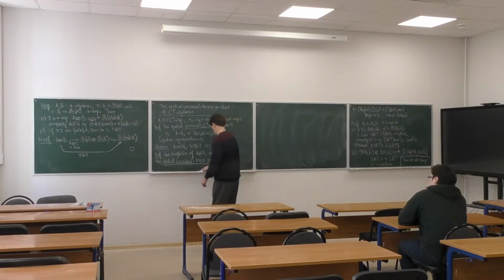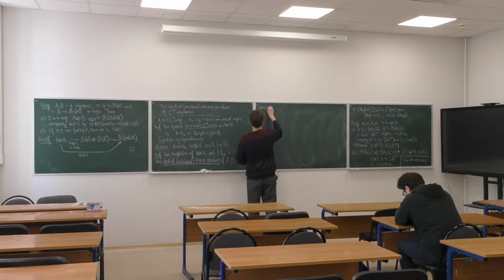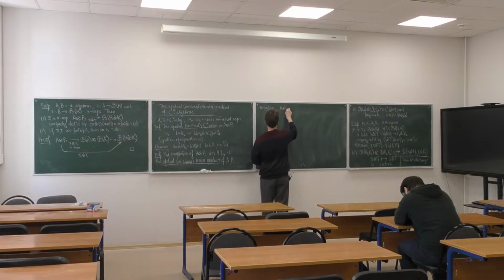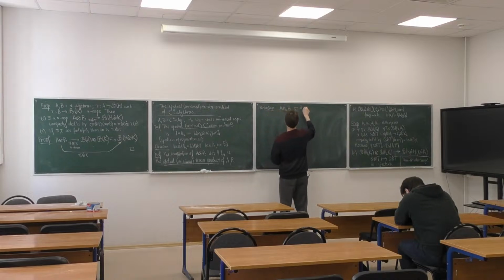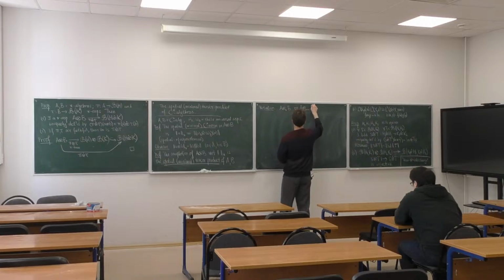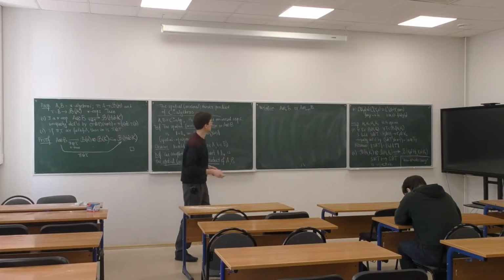And we will use the following notation for this tensor product. We'll denote it either like this, or sometimes I write min here as a subscript to the tensor product sign.